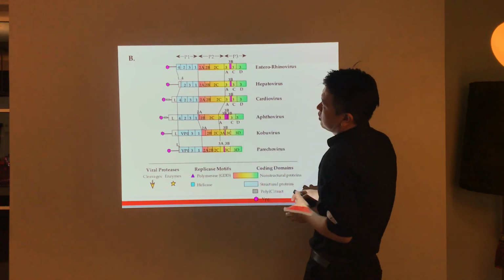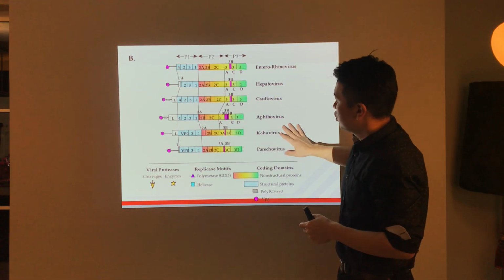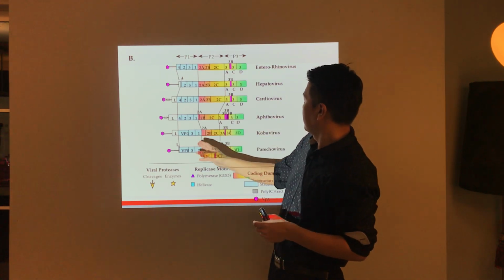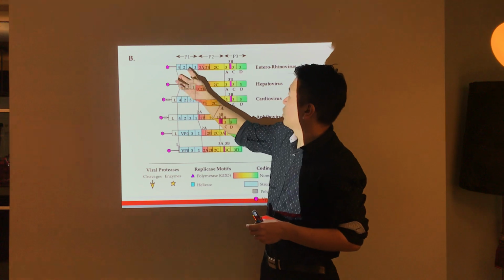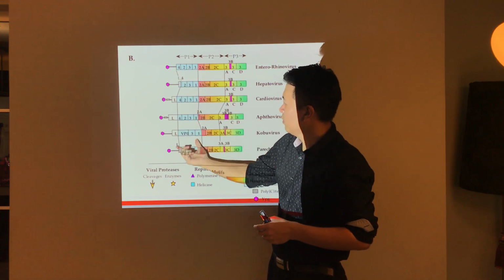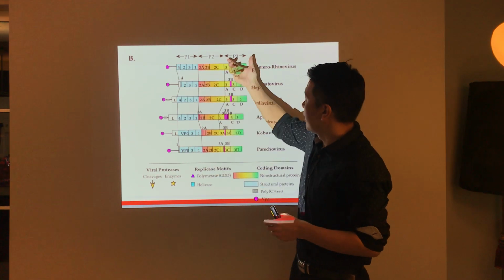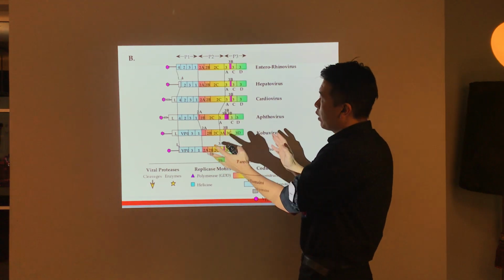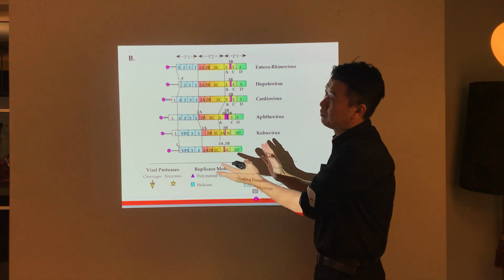When we put all the viruses together, we notice that within this enterovirus group, they have P1, P2, and P3. The arrangement of the genome is always similar.